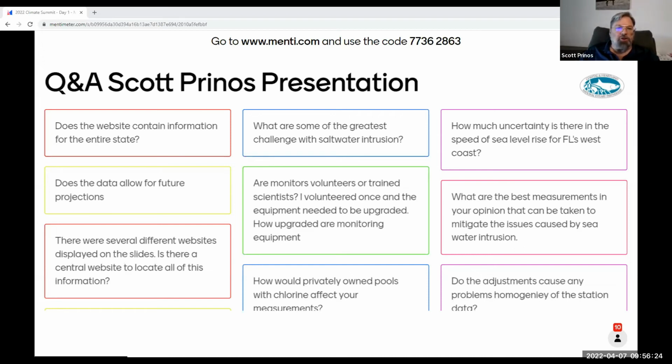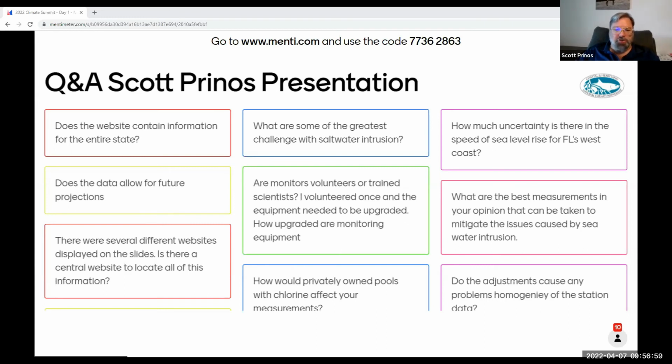What our goal has been in our center is really so far just to make that data readily available, to make it so that the water managers can see what's happening, to develop the computer models that other scientists can use to create projections and understand possibilities, including, for example, what would the effect of changes to our pumpages or changes to the way that we manage the canals affect saltwater intrusion.